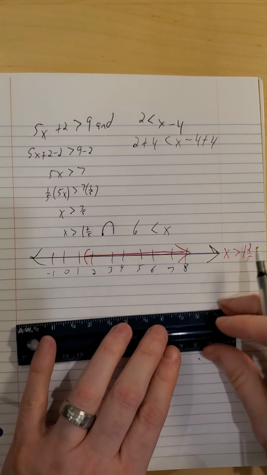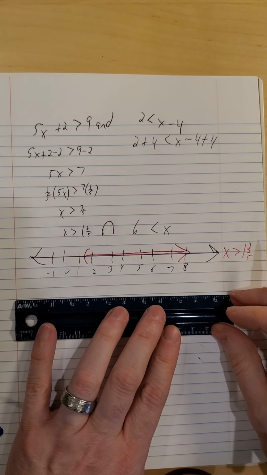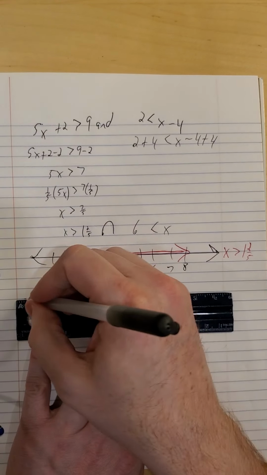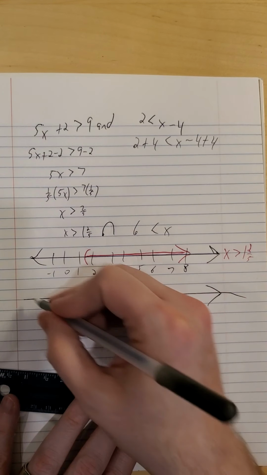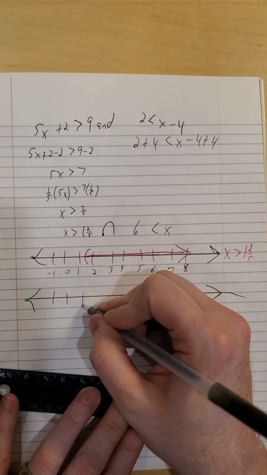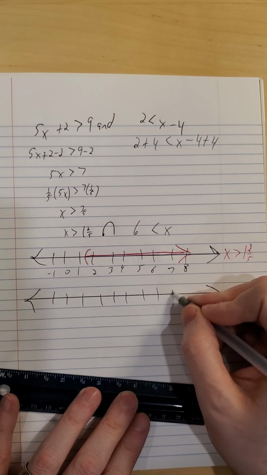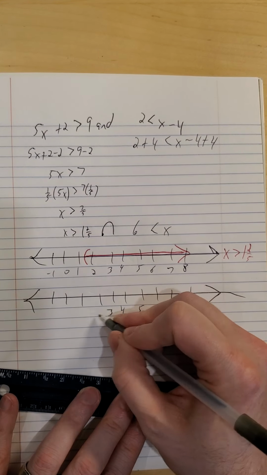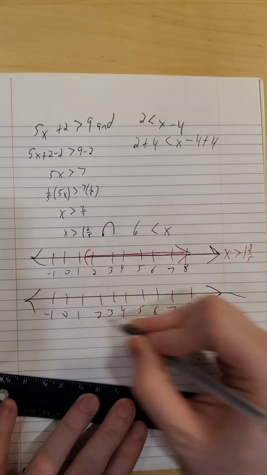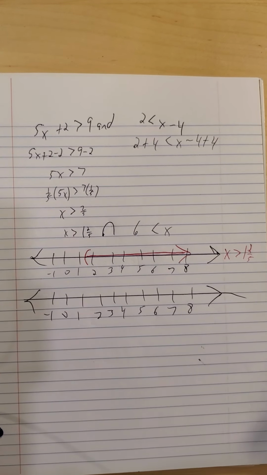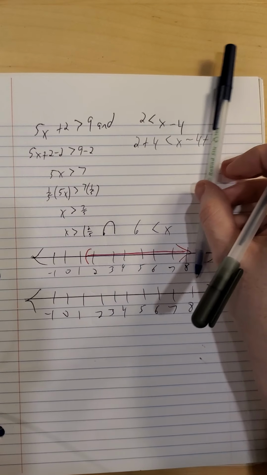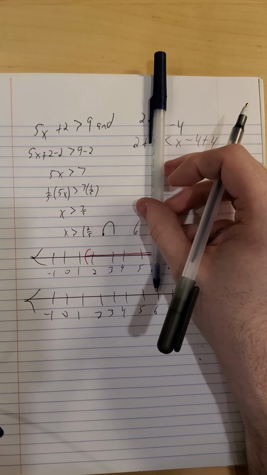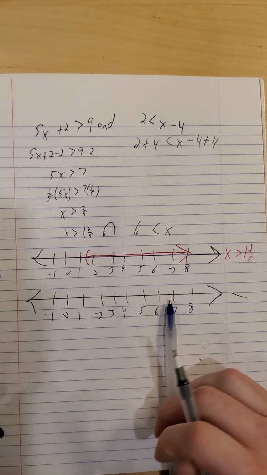Next up, we'll graph 6 is less than x. So now it's 6 that's in the hot seat. I want 6 to be less than x. We test each side out.